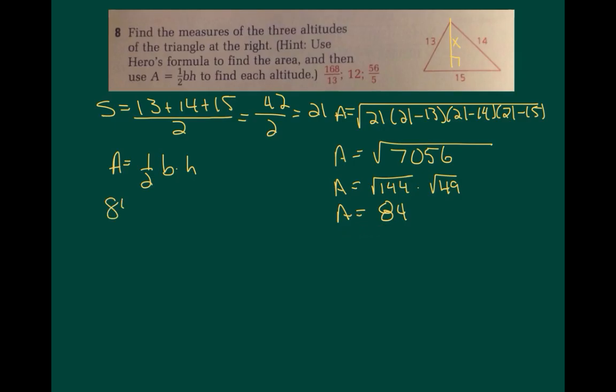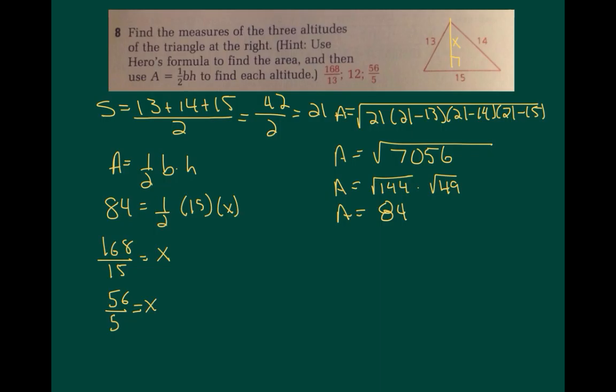So 84 equals 1/2 base, which in this situation is 15, times that height I'm calling x. When I solve this, I multiply both sides by 2, which gives me 168, divide by 15, and that's going to equal this altitude x. If I reduce that, I get 56 over 5, and that's my first altitude.